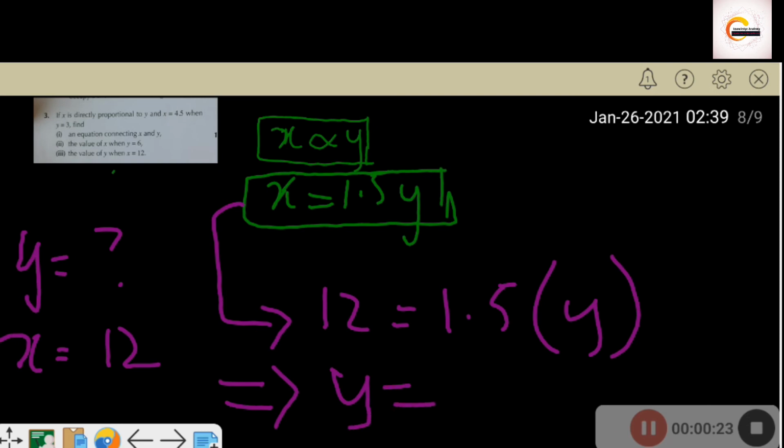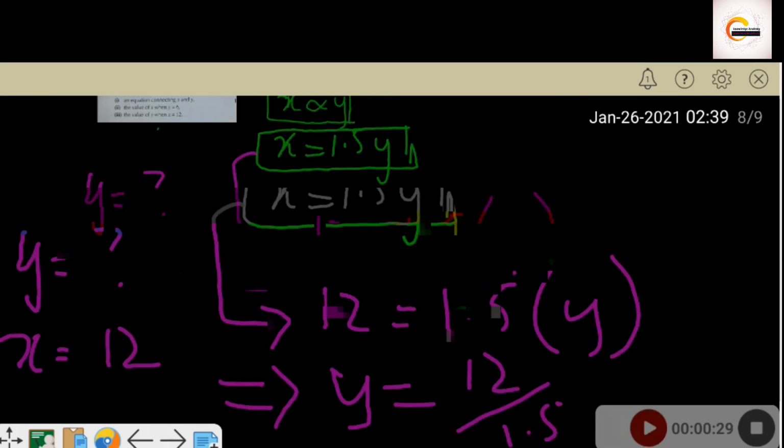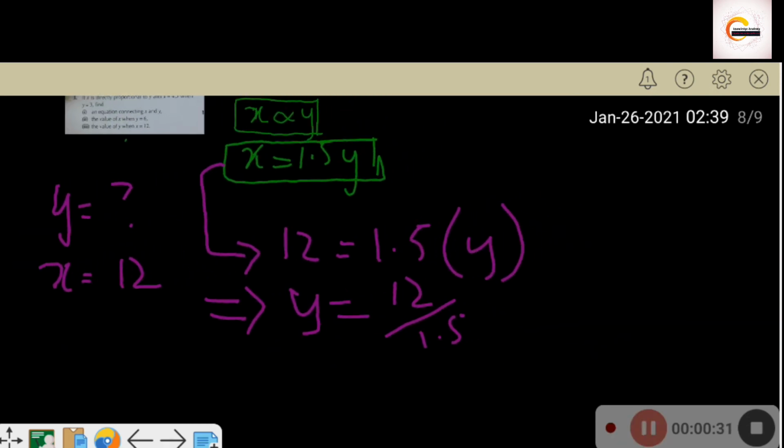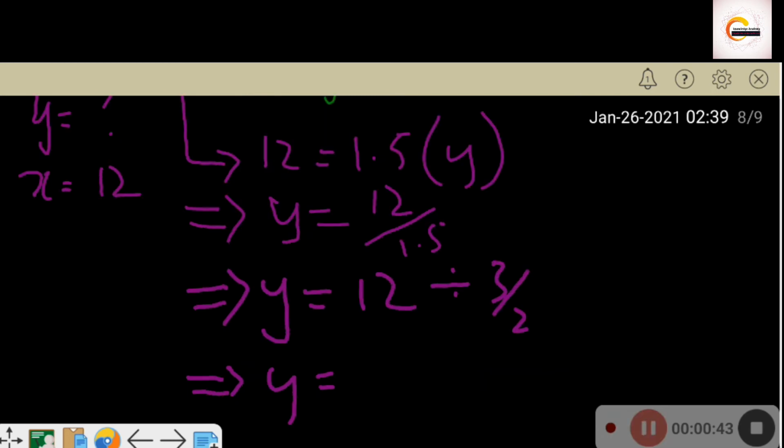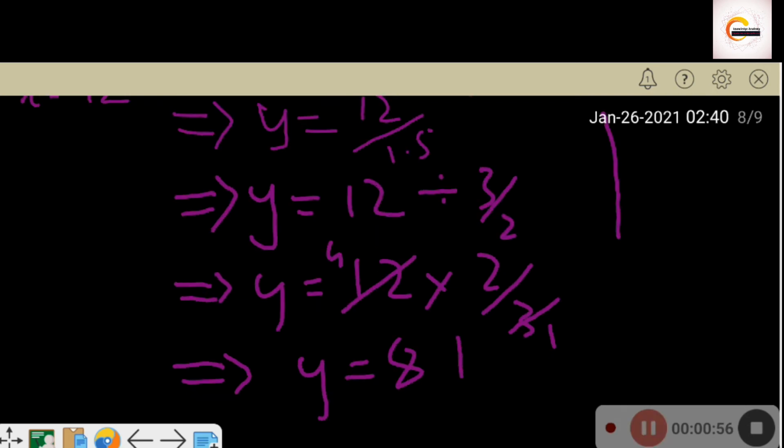Keeping y on one side, 12 divided by 1.5, again fraction to the rescue for a quick answer. y is equal to 8 is the answer.